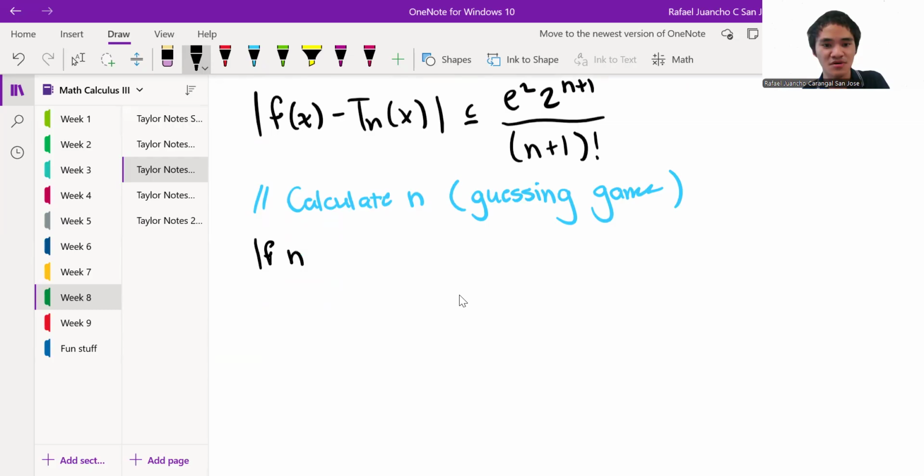So if n is 1, well, this thing becomes e to the 2. Can I try to multiply it by 2 to the power of n, in this case 1? I do all of that stuff. So I multiply that, and then I divide it by something, n plus 1 factorial. Now I'm not sure how to do a factorial in my calculator.